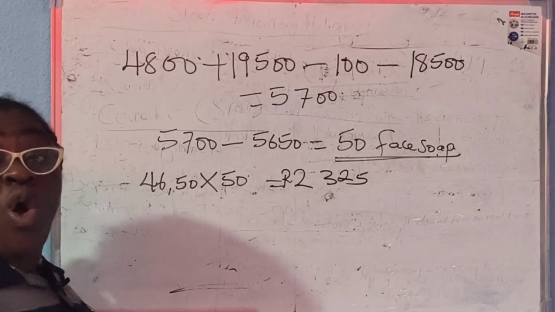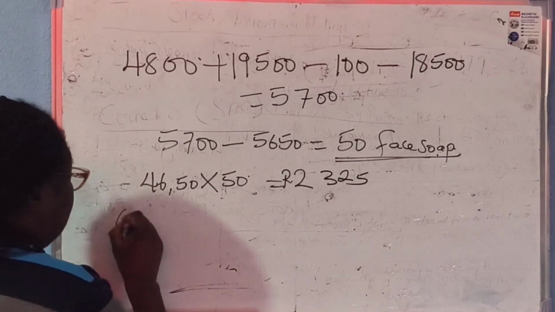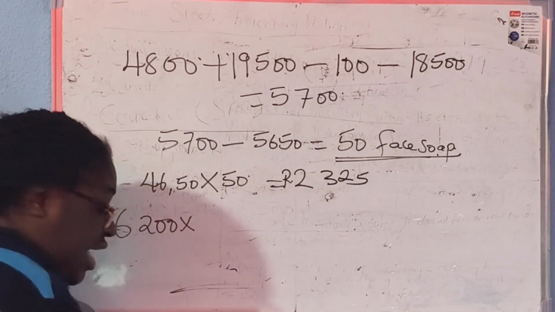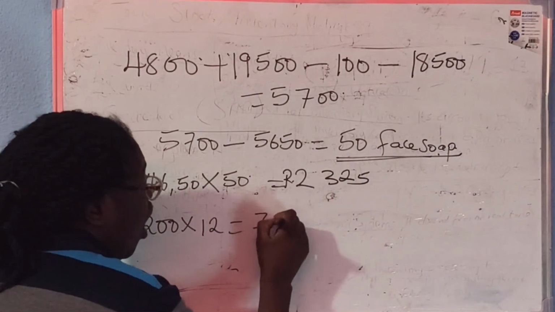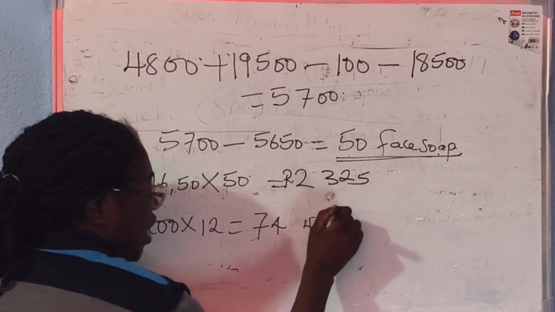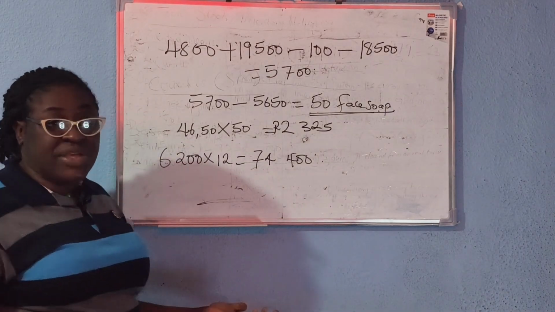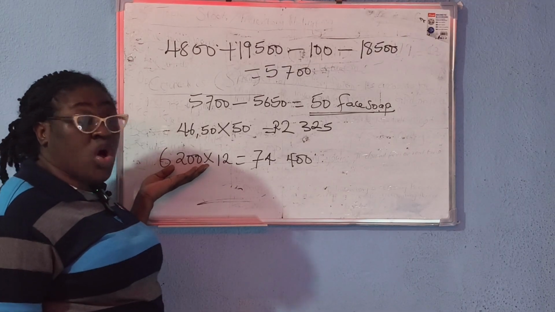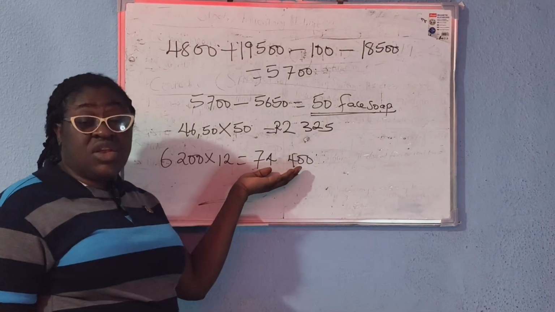Now, the owner of the business wants to employ someone that will be taking 6,200 every month. So 6,200 times 12 will give us 74,400. Now, let us see which one is more expensive. Annually we are going to be paying that person 74,400.